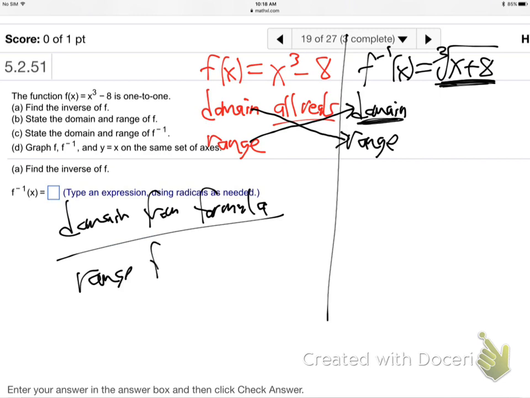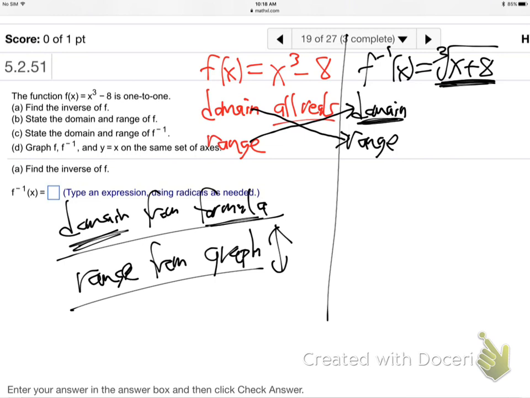Range, we only get usually from a graph, right? The up and down on the graph. We haven't ever, up to this point, figured a way of finding range from the formula. But we do domain straight from the formula. So my point is, do domain for this formula, and that automatically becomes the range for the inverse, right? The domain here becomes the range on that one, automatically.